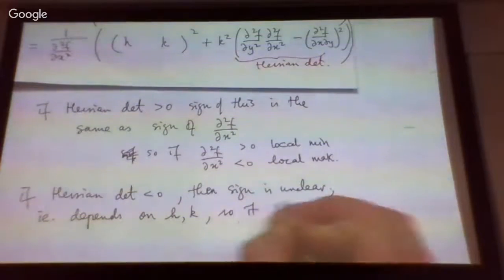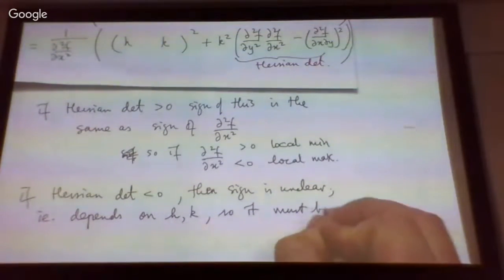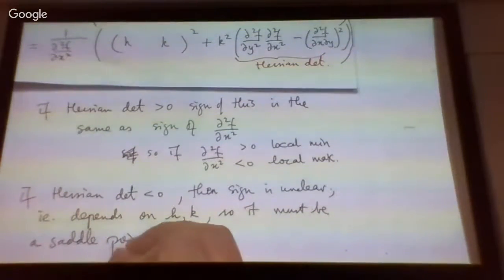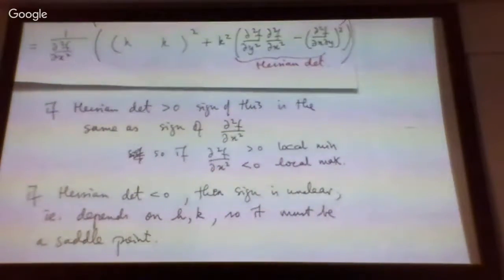So it must be a saddle. Okay. Delta f, the difference in value between the function at the nearby point and the base point, is not always having the same sign. That means for some nearby points you get lower value, for some nearby points you get higher value.